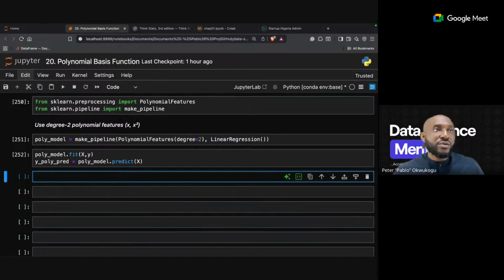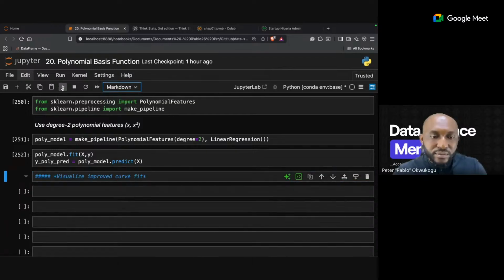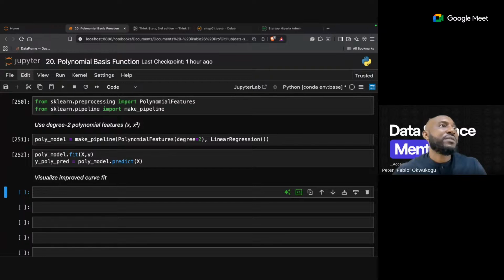Now what we need to do is visualize it. At this point, I'm not going to write all the very many lines of code. I'm just going to copy and paste the code. So here I'm going to visualize the improved curve fit. That's what I'm going to do. Right, so let me just get this.